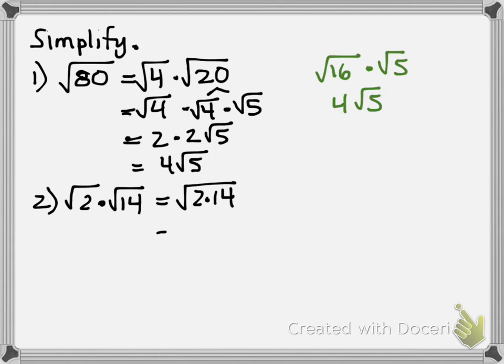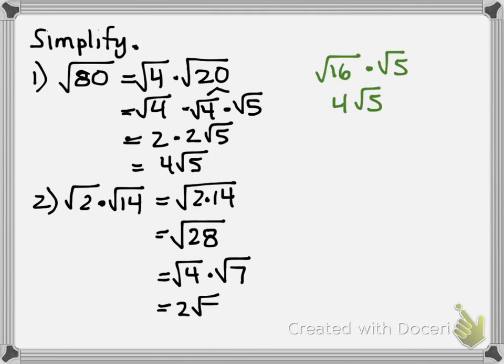So then that's just the square root of 28. Now what we can do is look for the perfect square factor of 28. What's the perfect square factor? 4. So we've got the square root of 4, and its partner factor is 7. And then the square root of 4 is 2, and we can't take the square root of 7, and that's our answer. Forgot to box this guy.